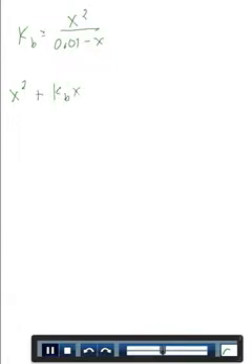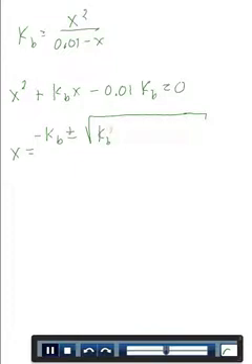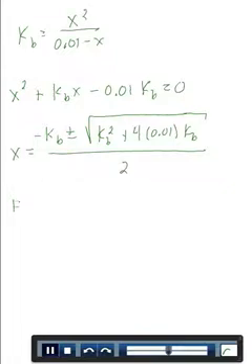So putting that into my Kb expression, I'll get X squared over 0.01 minus X. And then collecting terms, and solving the quadratic expression, and looking at a table, Kb is equal to 1.8 times 10 to the minus fifth.